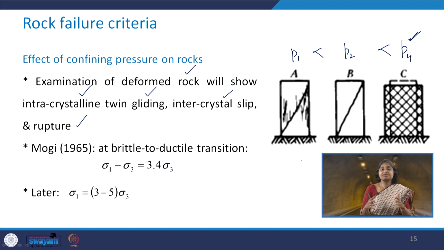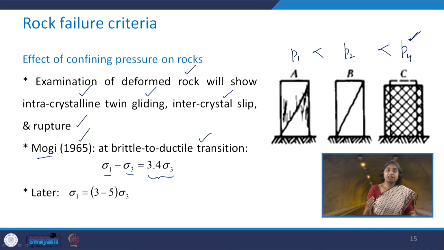So, various research workers conducted many studies, and in 1965 Mogi came out with the relationship that at brittle to ductile transition, the difference between the major and the minor principal stress becomes approximately equal to 3.4 times the minor principal stress.